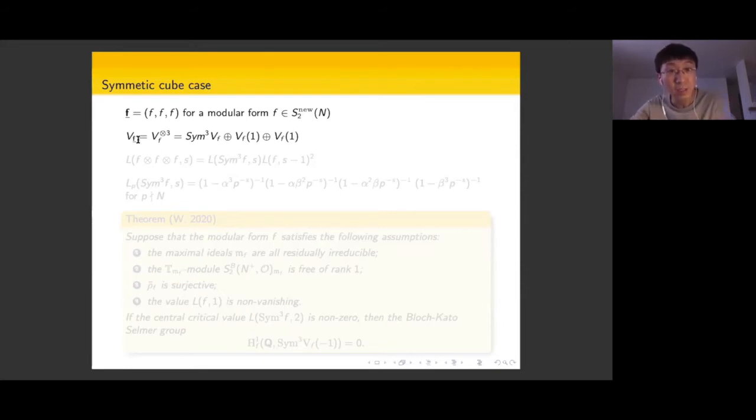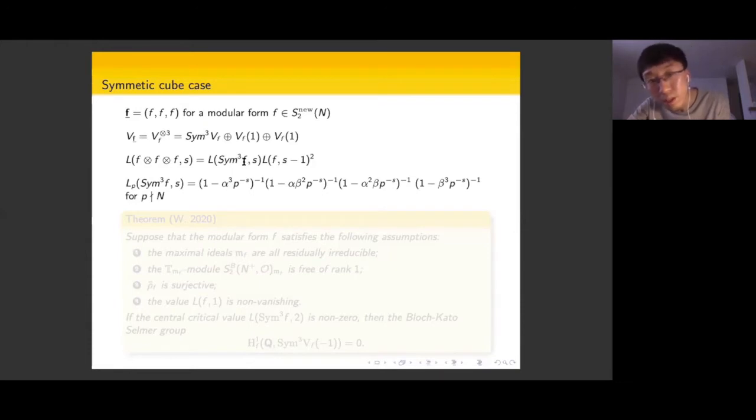And in accordance with this factorization of the Galois representation, you also have a factorization of the triple tensor product L-function, that factors into the symmetric cube L-function for F, and the L-function for F itself.